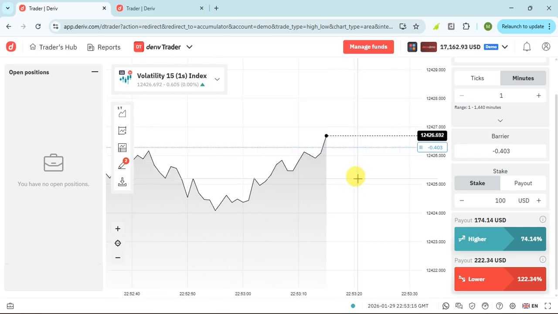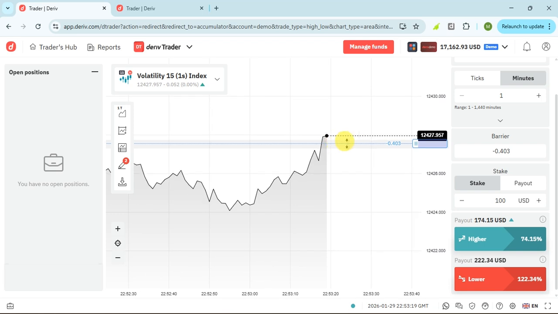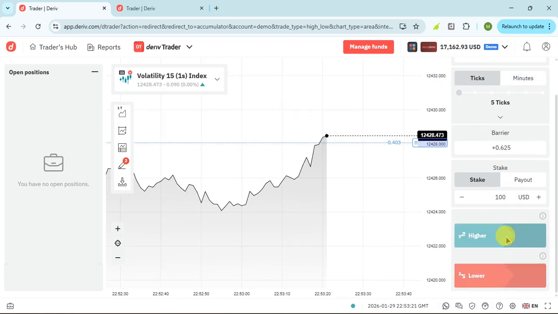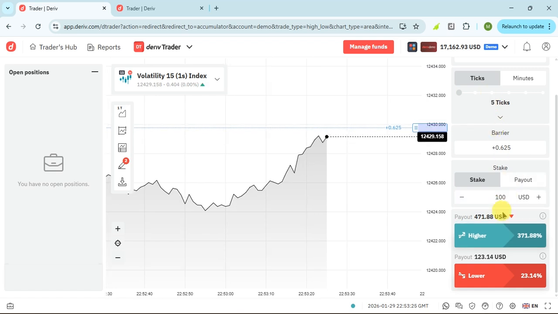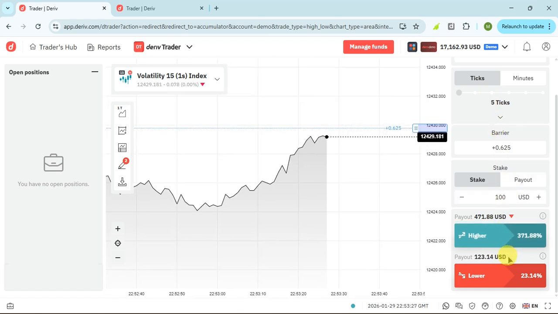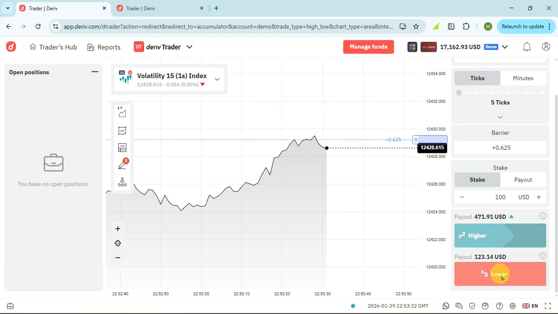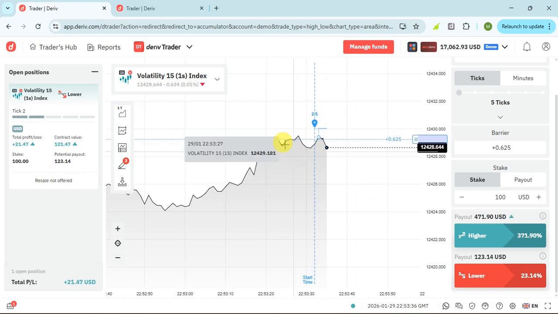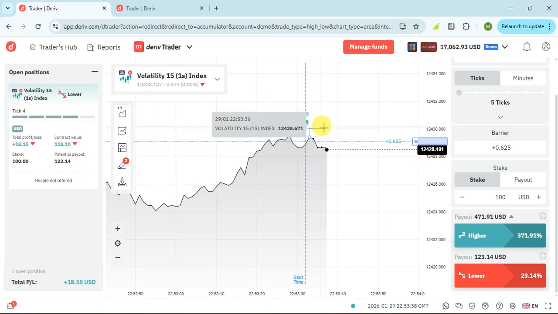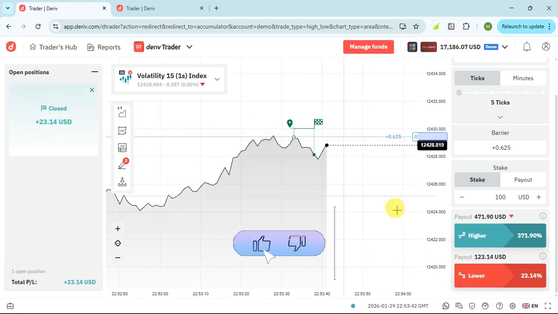So for example, here I can say this market will be higher above this line, and then I can just choose the ticks, and I just say that this price will stay below that line, and then I can wait to see. So you can see it has not touched the line, so it is lower, and then you win that contract.